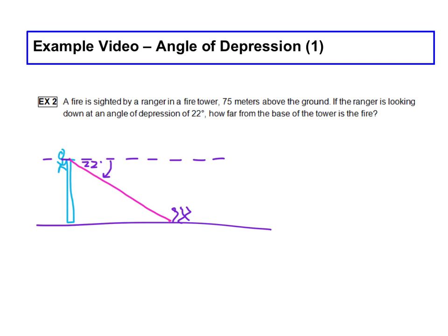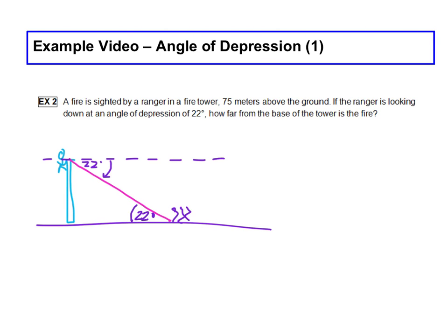If this angle is 22 degrees, then that makes this angle 22 degrees as well. So sometimes you may have to do something like that. Our angle of depression wasn't part of our triangle, but just remembering some geometry properties, we were able to get that 22 degrees inside the triangle.